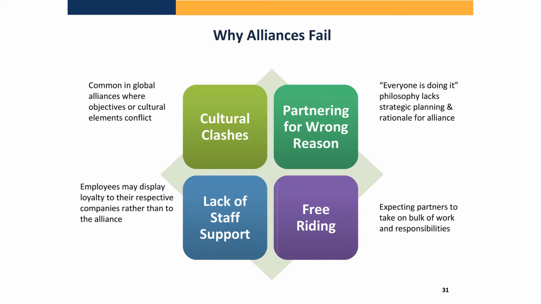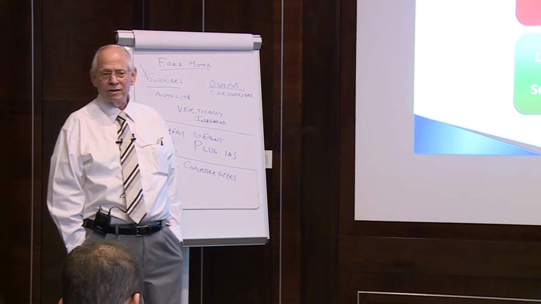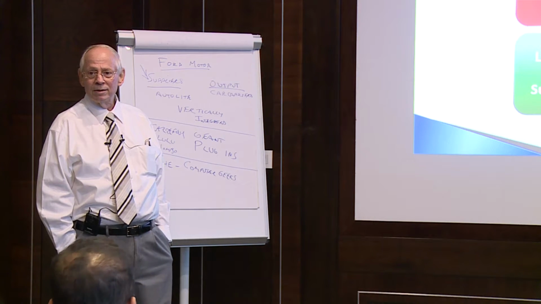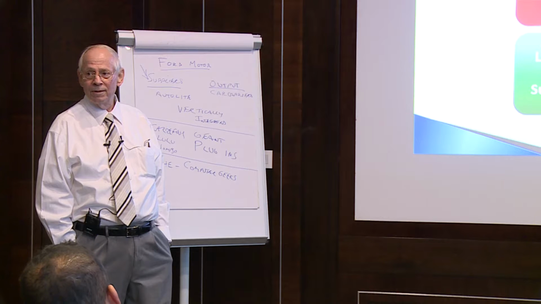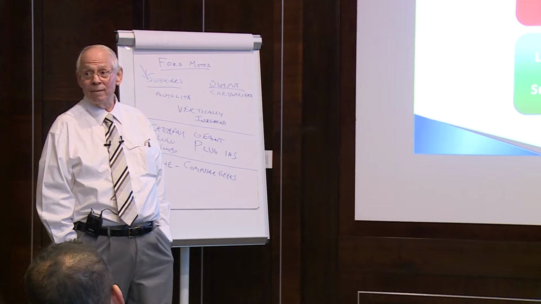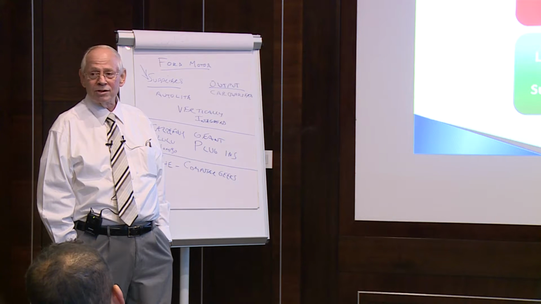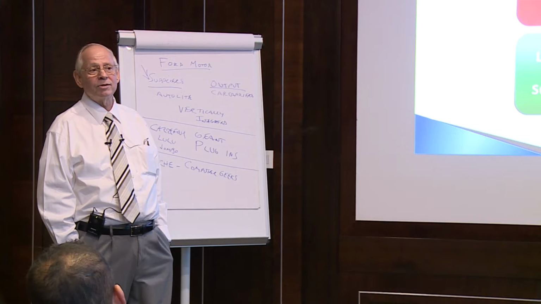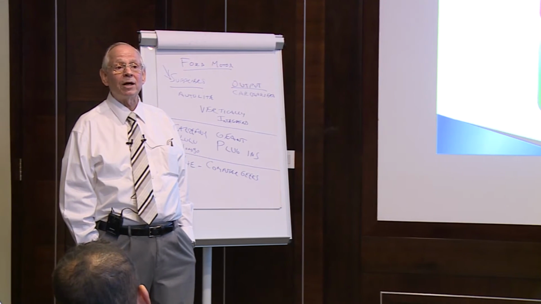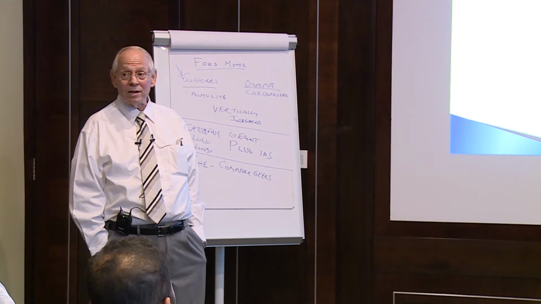is when you join an alliance and you expect your partners to take on the bulk of work and responsibility, and you contribute nothing. It's kind of like when you ever do a group project, like a group research paper? That's why when I did my master's program, I got stuck once, and I always refused to do group projects after that. You're free riders. So we had 5 people on a team, and they were in different parts of the country.